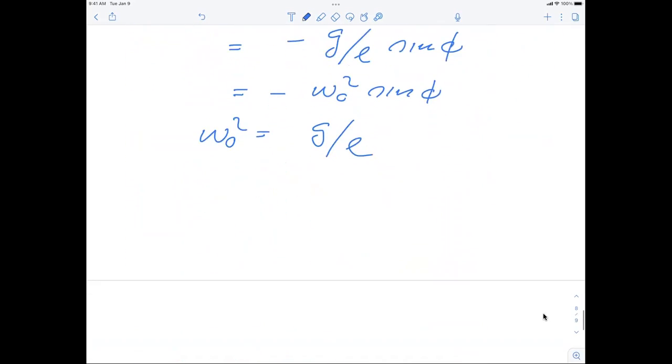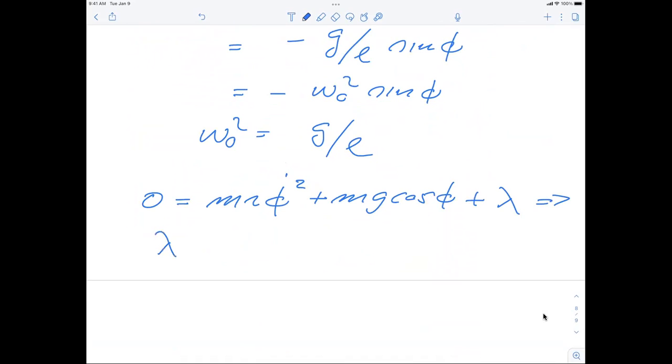So we would have 0 equal to m times r times phi dot squared plus m times g times cosine phi plus this lambda. And that means that lambda is simply going to be equal to minus m times r times phi dot squared minus m times g times cosine phi.